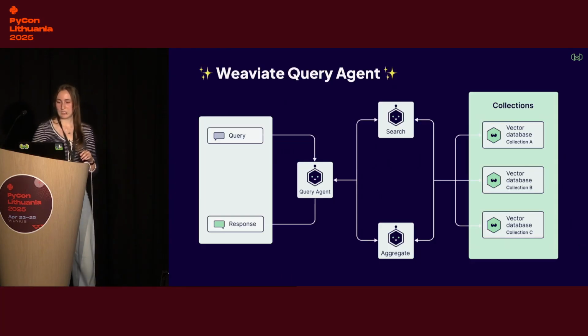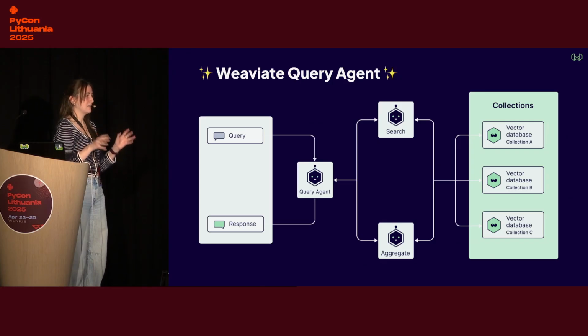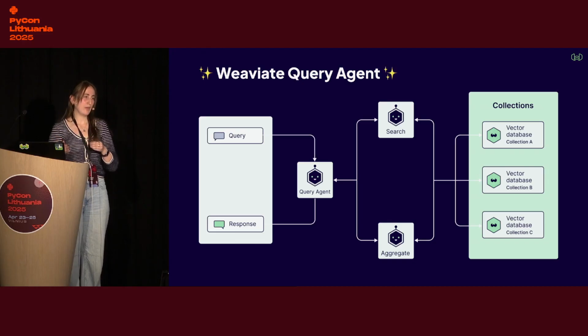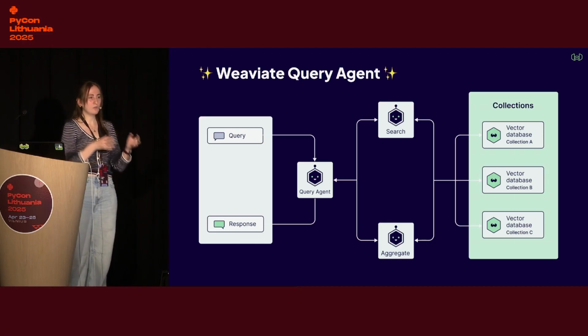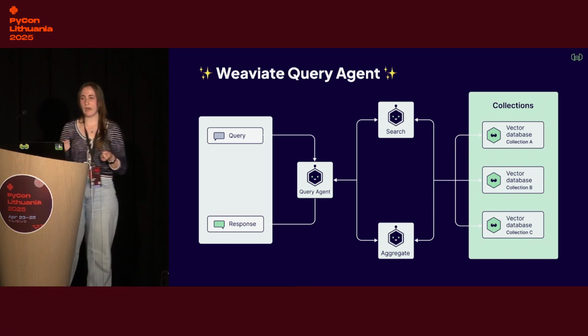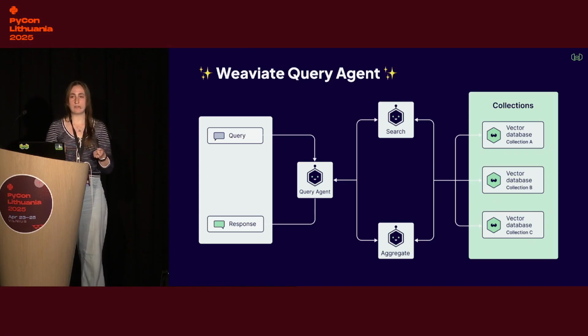So you can imagine that we have two tools, both of which have access to any given collection in Weaviate. So our query agent is deciding whether the user query, or queries, combined queries, requires regular search and produces the required Weaviate vector search query, or it decides to do aggregation and produces the required aggregation search query.